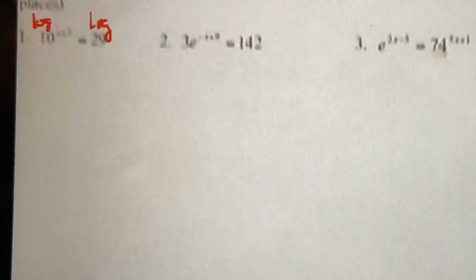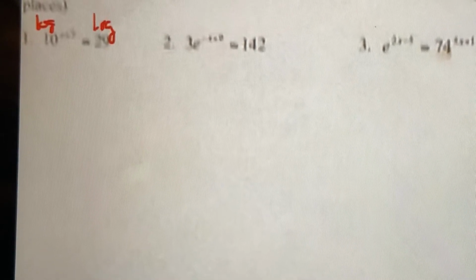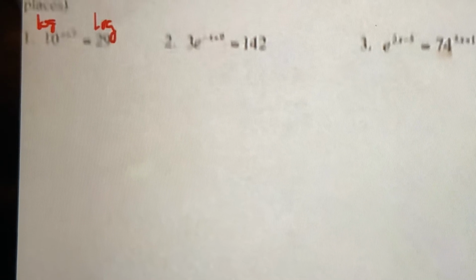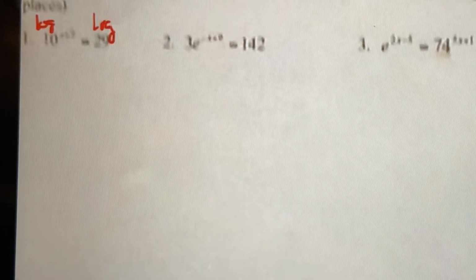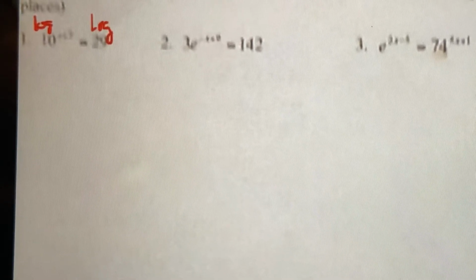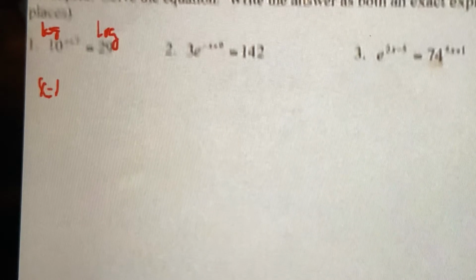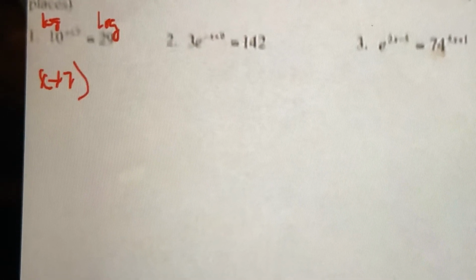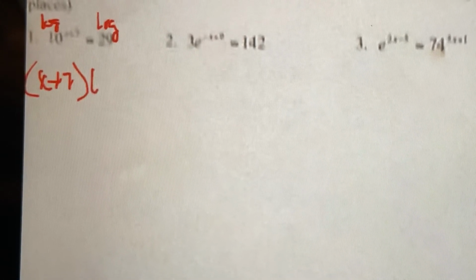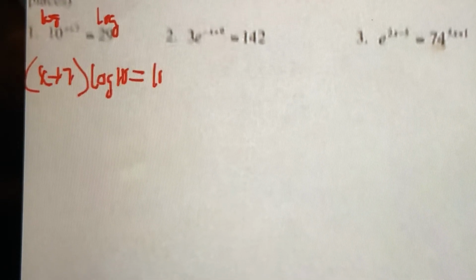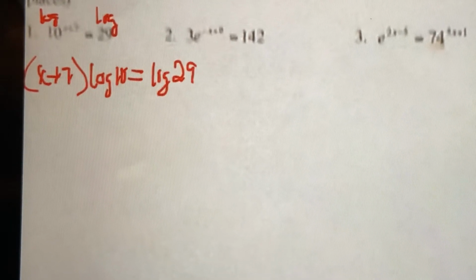When I log the left-hand side, remember that rule for exponents: when you take the log of something and it has an exponent, that x plus 7 comes down in front. So x plus 7, times the log of 10, equals log of 29.